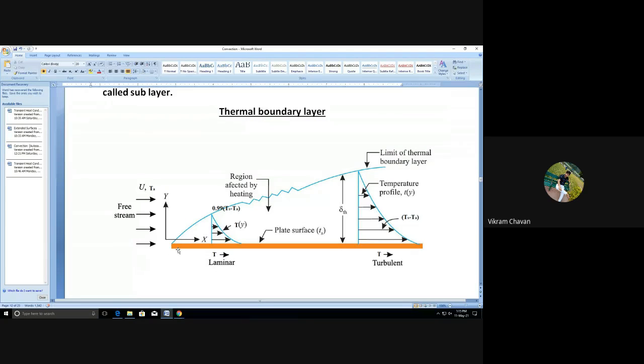Near the leading edge the thermal boundary layer thickness is smaller, but near the trailing edge it is somewhat larger as compared to the leading edge. This is the leading edge and this is the trailing edge. So this is called the thermal boundary layer.